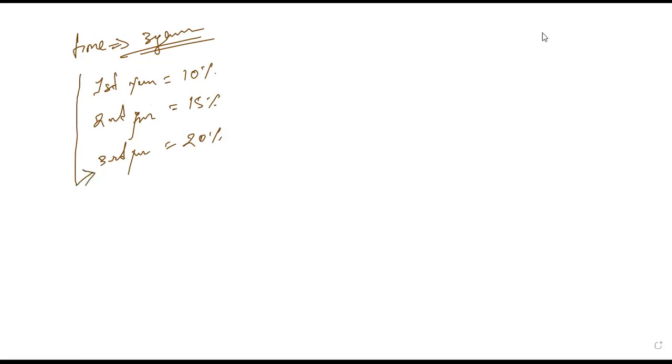If this kind of question is present to you, then you have to solve it in this way. Amount equals principal into 1 plus R1 by 100, and the power would be 1 because this is for one year only. This is R1, means rate 1.